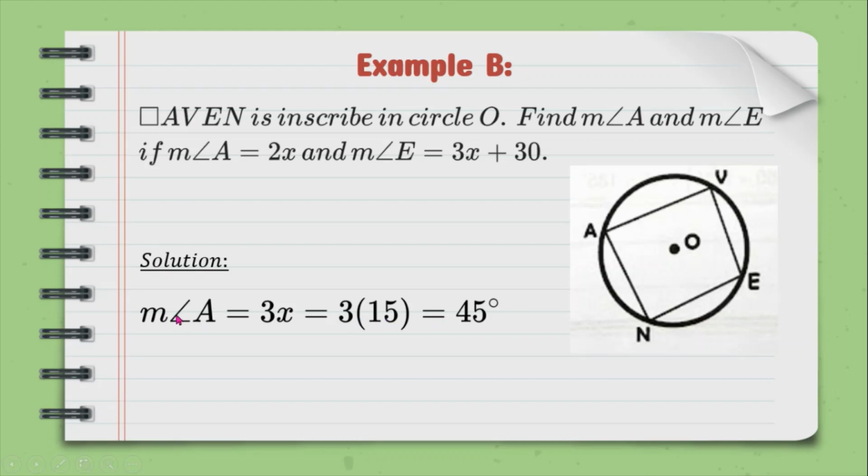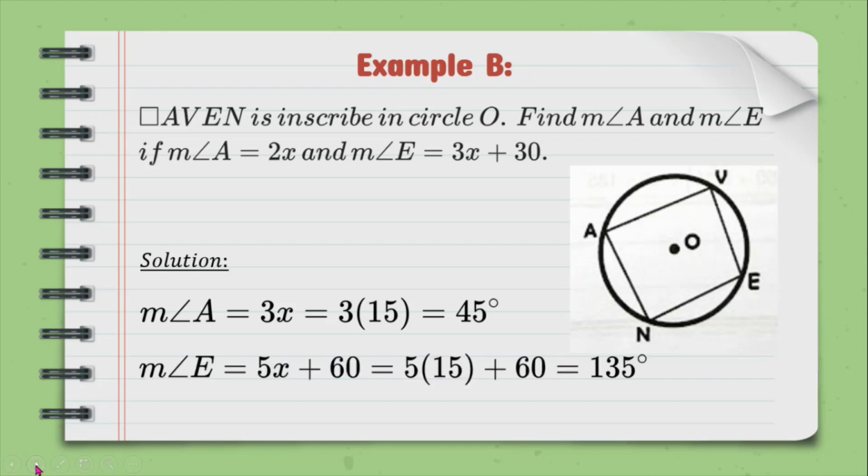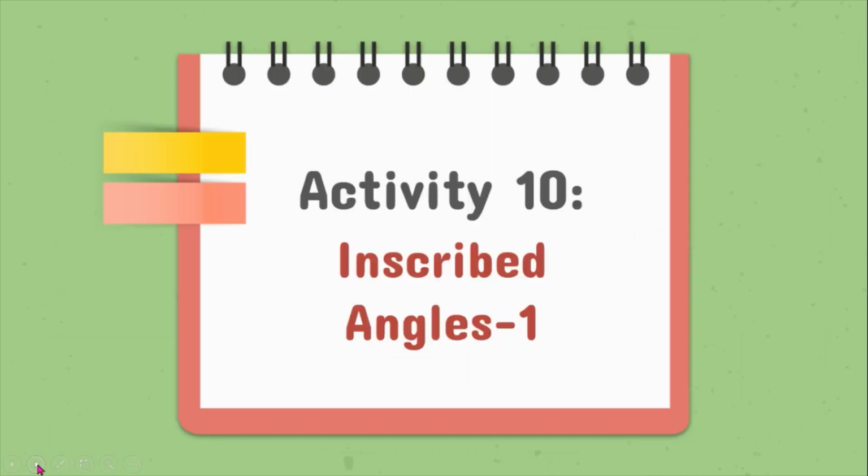That is now the value of angle A, and the value of angle E is equal to 5x plus 60. Substitute again the value of x here, which is 15, so that is 5 times 15 plus 60, which is equal to 135 degrees.